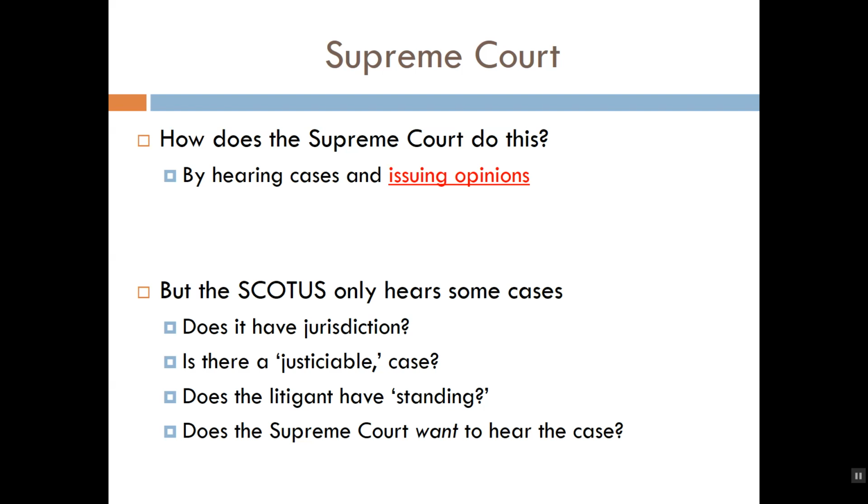For practical purposes, just logistically speaking, it's simply not possible for the Supreme Court to hear all of the cases that people bring to its attention.